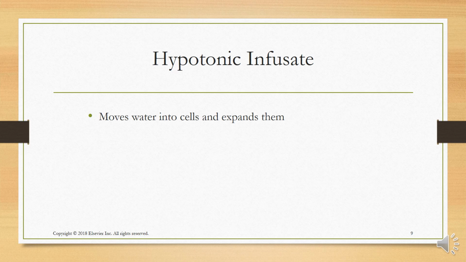An example of when you would give this would be a patient that has cellular dehydration. Maybe a diabetic ketoacidosis patient, where the intracellular space becomes dehydrated. When you administer a hypotonic solution, that helps to rehydrate the cells.